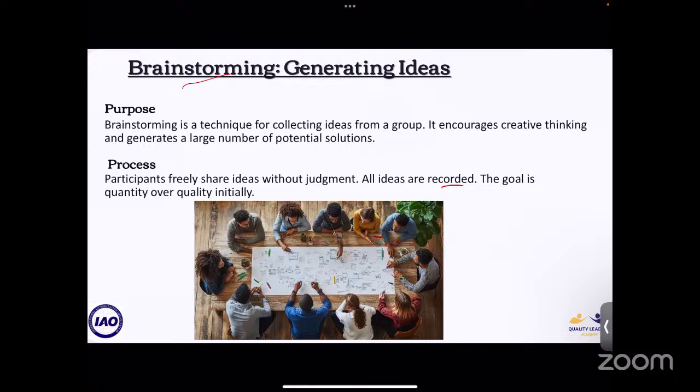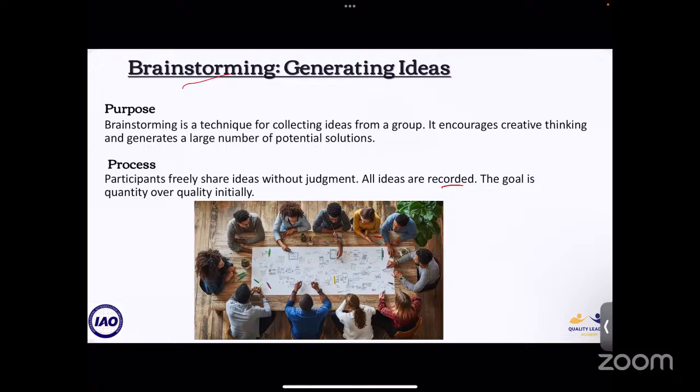I focus on ensuring the first ideas are recorded. So my goal is quantity, not quality, because I want to collect the highest number of ideas. The overall value is not about saying this idea is good or not good. That is something for later. In brainstorming, I encourage every team member to participate with me and gather as many ideas as possible, and the ideas are recorded.